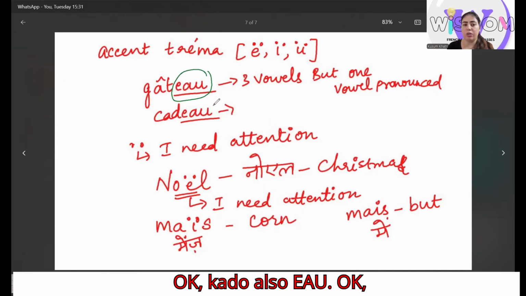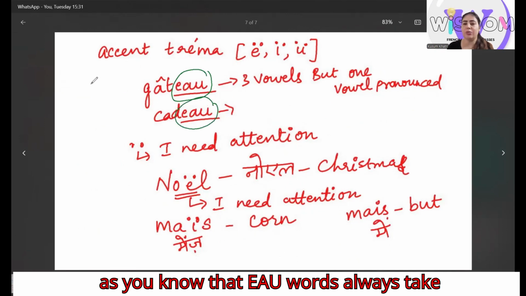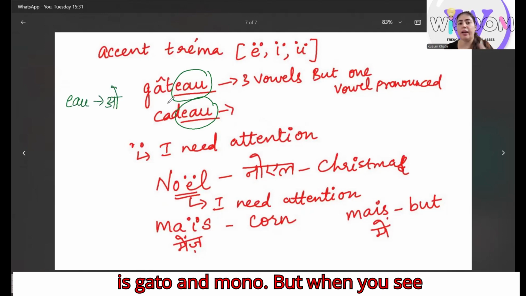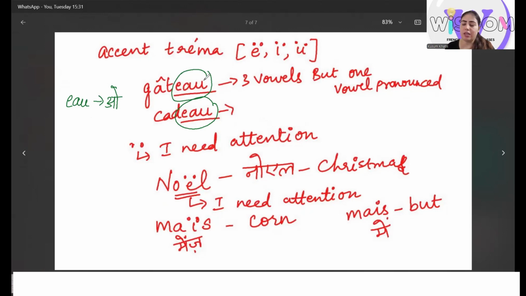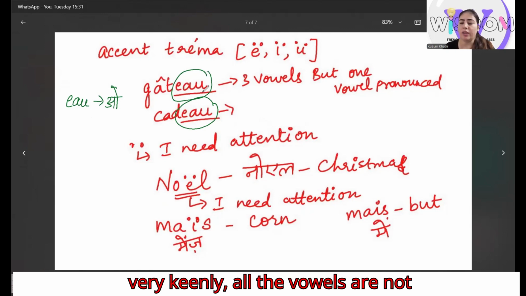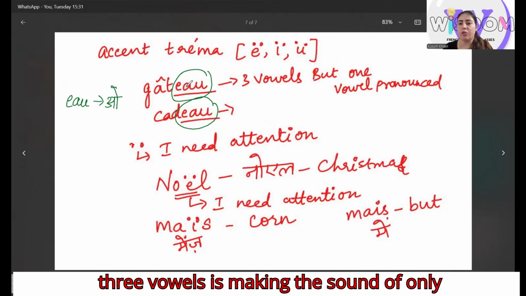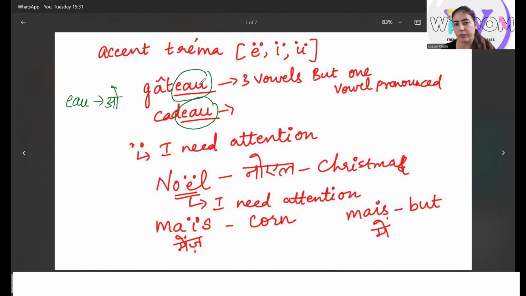Cadeau also has E-A-U. As you know, E-A-U always takes the sound of O. So this is gateau and monteau. But when you see very keenly, all the vowels are not being pronounced. These 3 vowels make the sound of only one vowel, that is O.